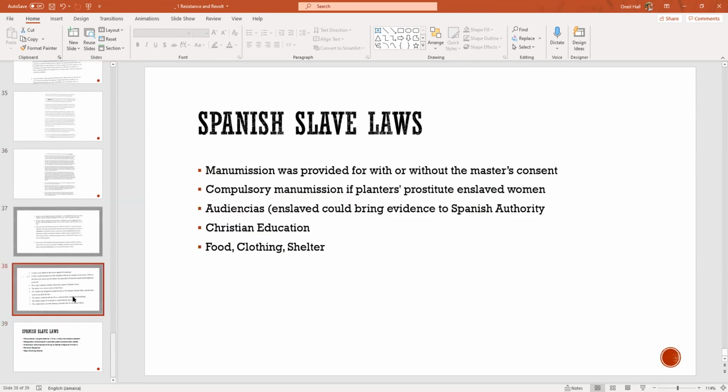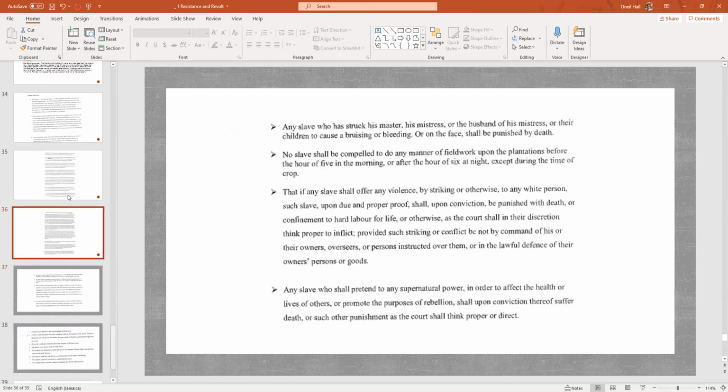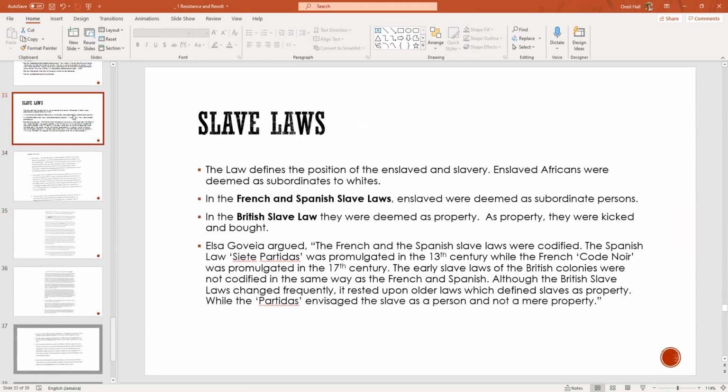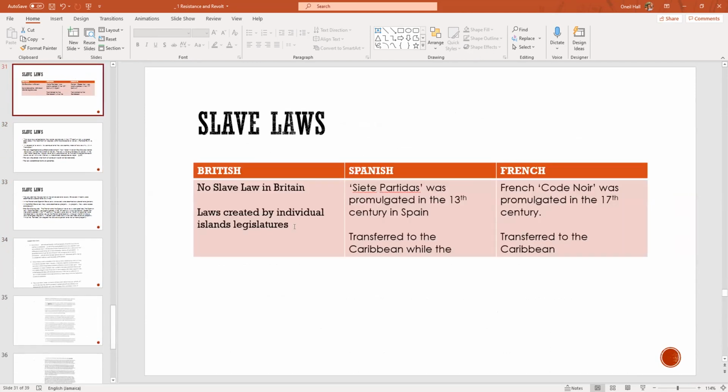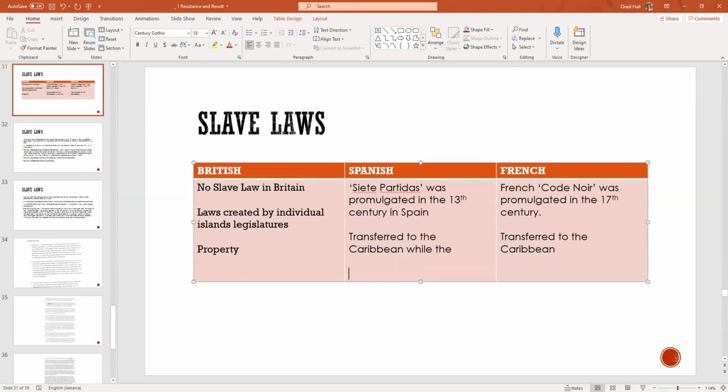Now, another thing about the slave laws is that in the British colonies, enslaved people were considered property, while in the Spanish, they were considered subordinate persons, and also in the French, they were considered subordinate persons.